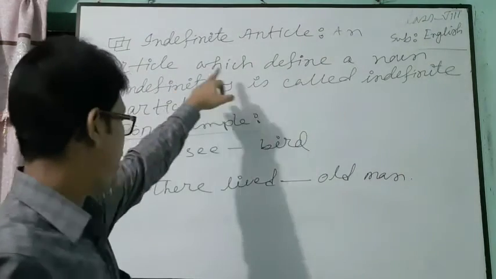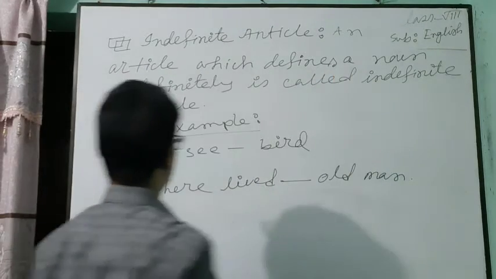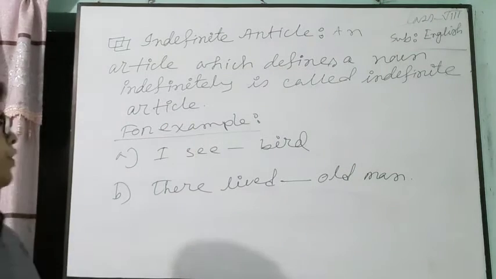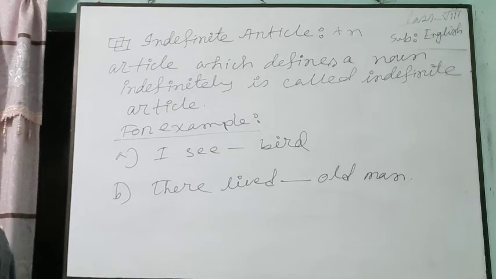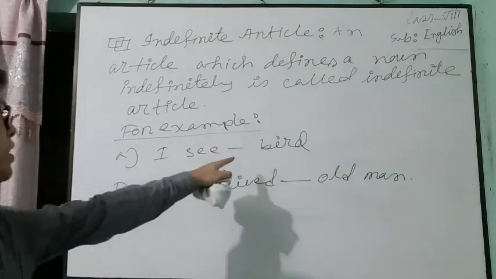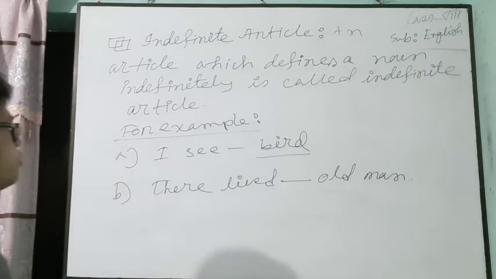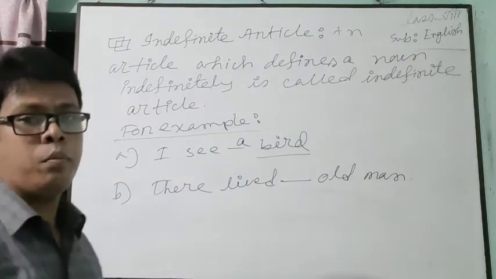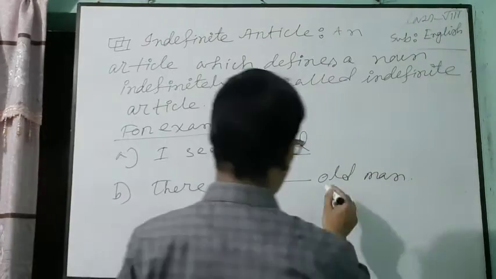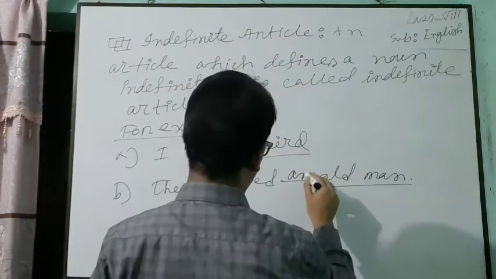An article which defines a noun indefinitely is called an indefinite article. As for example, if I see a bird, the bird is not definite. The bird is here indefinite, so I have to write a bird. I see a bird. There lives an old man. Here the old man is not definite, so we should use an old man.